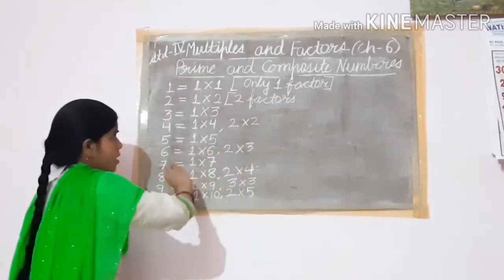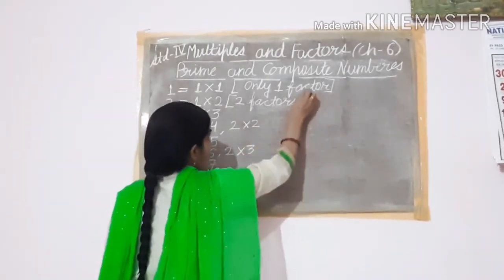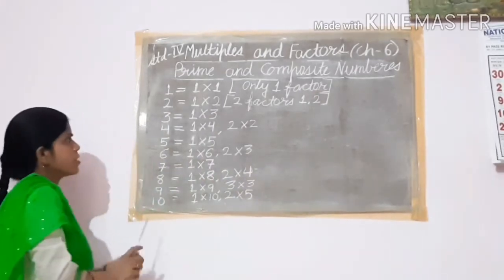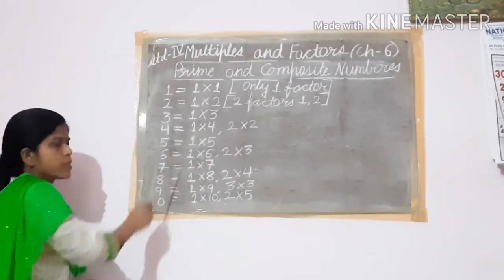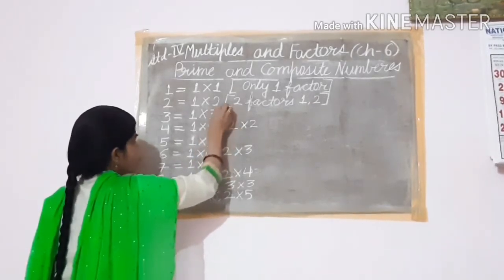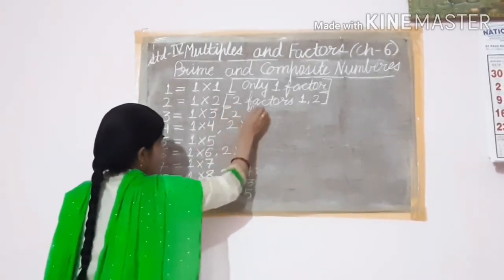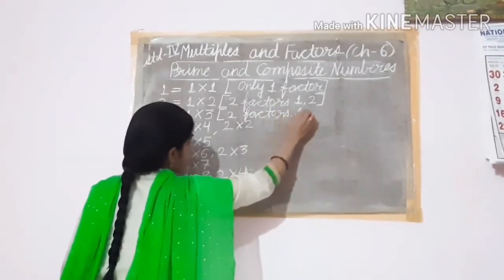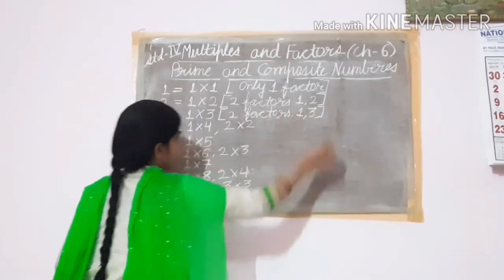What are the factors? 1 and 2. Now 3. 1 threes are 3. So here how many factors? 2 factors, that is 1 and 3.